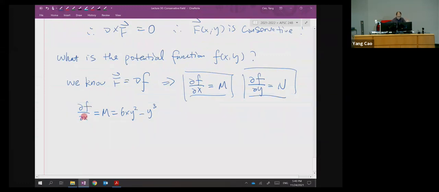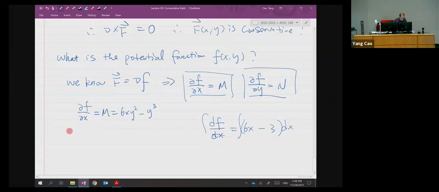A constant, right? So if I give you a question like df over dx equals 6x minus a constant, 2 or 3, whatever, then what can you do to find the function f? You multiply by dx, then you integrate both sides, then you can get this function f. That's exactly the same thing we're going to do here.